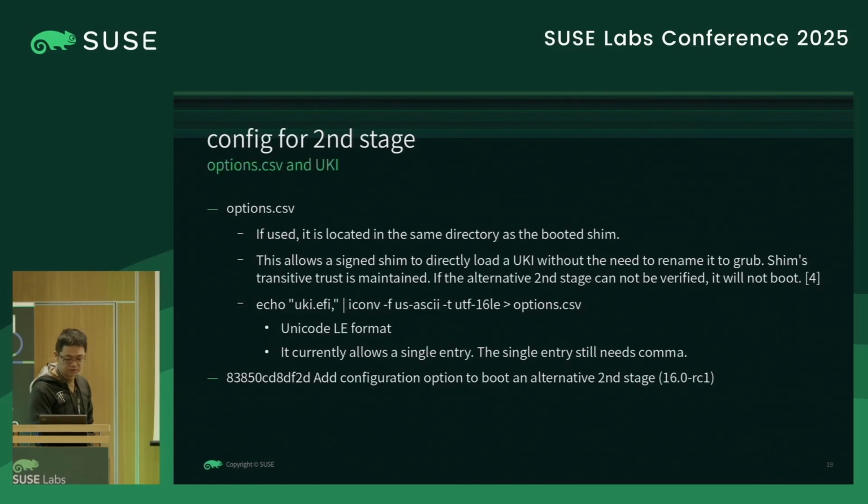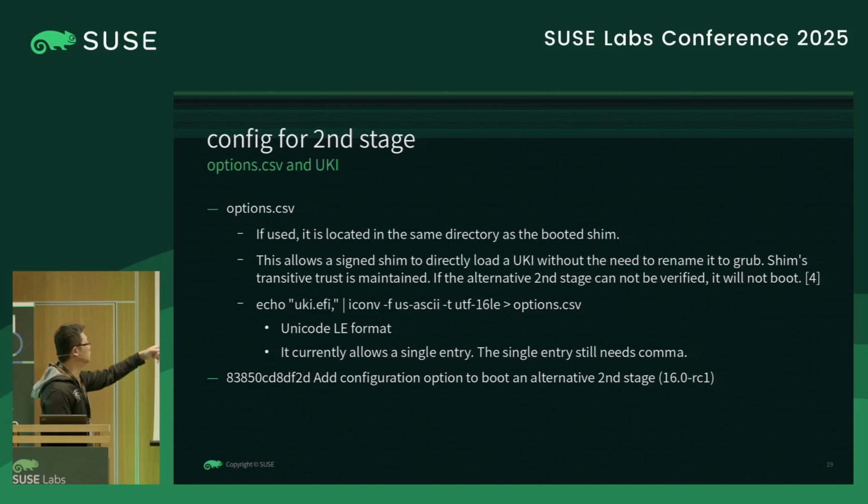The next function is configuring the second stage. Originally the default second stage bootloader is GRUB. But in some cases, some distros, like openSUSE, rename the UKI, Unified Kernel Image, to grub, to treat the booting of the Shim.